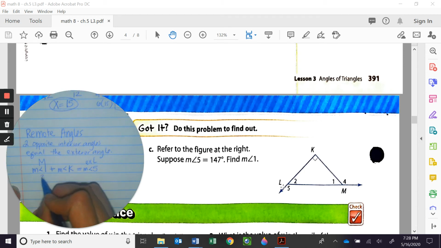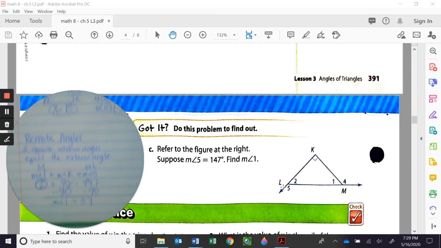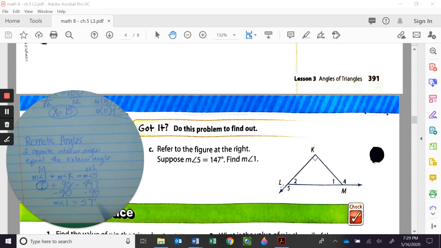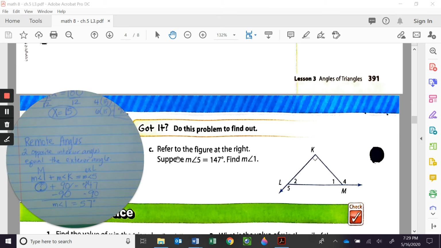So we don't know this, but we do know K, it's 90. And we know 5, it's 147. So we need to find this. So we're going to subtract 90. And so we get the measure of angle 1 is 57 degrees. Okay? And if you don't believe that, you could work it out to try to find it.